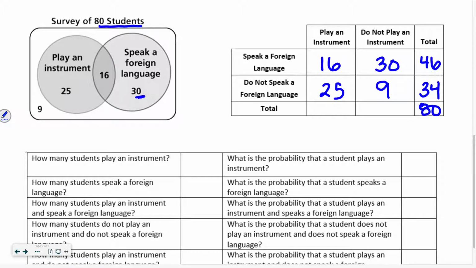So when you're making your table, everything should always work out. Whatever I get at the bottom of these columns should also add to 80. So that's 41 and 39, which sure enough adds to 80. Okay, so I've got all that information.